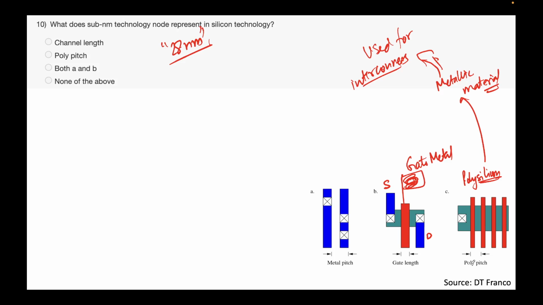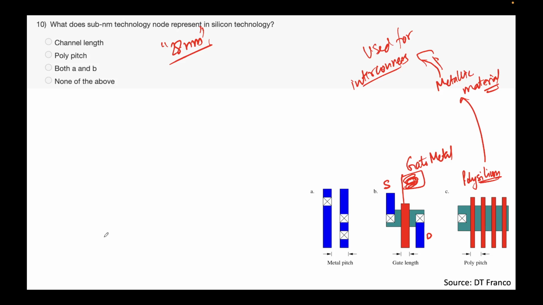If I draw a picture of how it looks, these transistors or circuits that you see are highly complex. They're multi-tier structures. On this bottom level, this is your source, this is your drain, this is your gate contact, right?